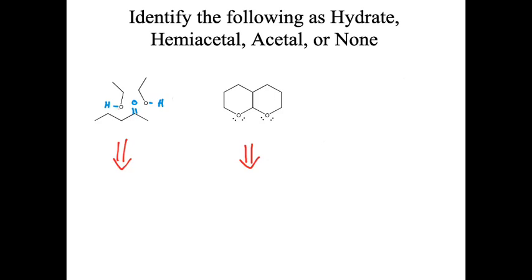I needed three pieces to make that acetal. How many pieces do I need to make the second acetal? Step 1 was what? Delete the carbon-oxygen bonds.